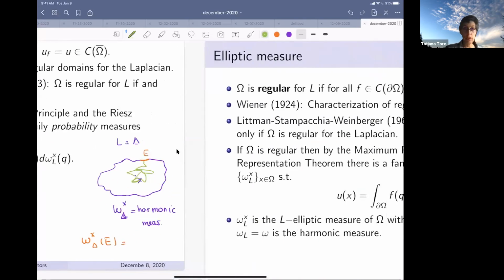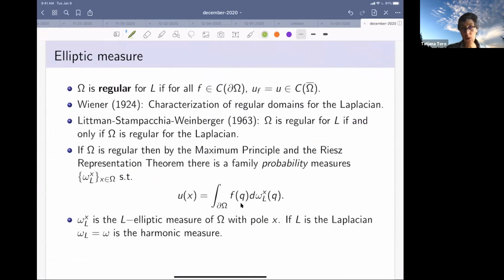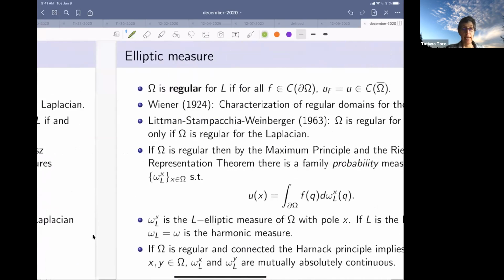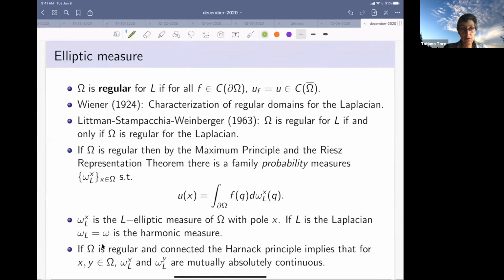Some properties. So omega L x is the L elliptic measure with pole x. And if L is the Laplacian, we have the harmonic measure as in the previous picture. And then something that's important to know, if the domain is regular and it is connected, then by the Harnack principle, we know that omega L of x and omega L of y are mutually absolutely continuous.